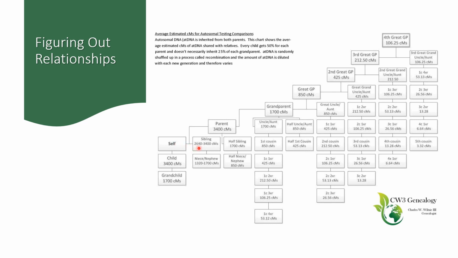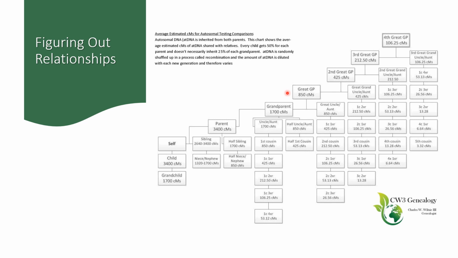A sibling, for example, would have centimorgans in a range between, let's say, 2,600 and 3,400. And a niece or nephew could be in a range between 1,300 and 1,700 centimorgans. Your grandparent would be 1,700 centimorgans, and your great-grandparent 850 centimorgans.